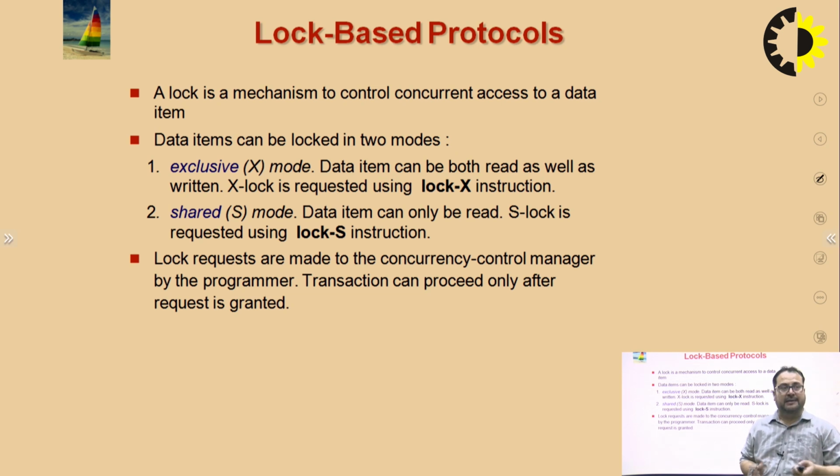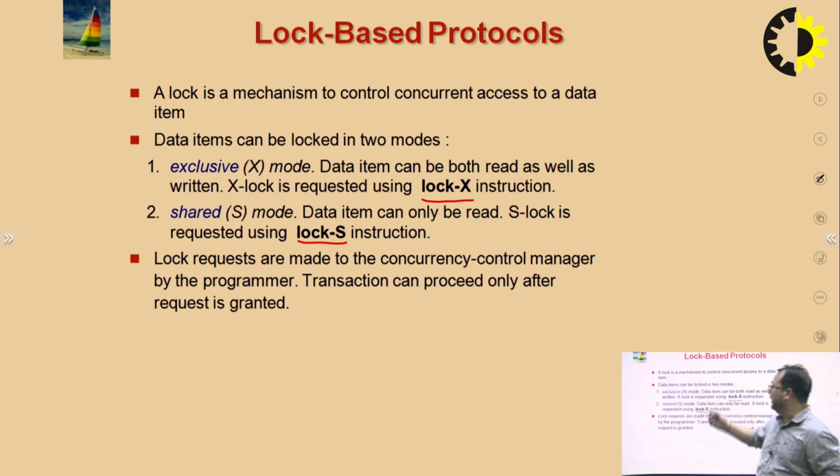A data item can be locked in two modes. One is exclusive and the second one is shared mode. In exclusive mode, the data item can be both read as well as written. Exclusive lock is denoted by lock X, while shared lock is denoted by lock S. So an exclusive lock is requested using the lock X instruction.